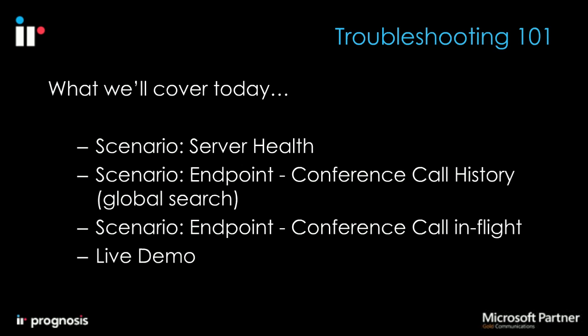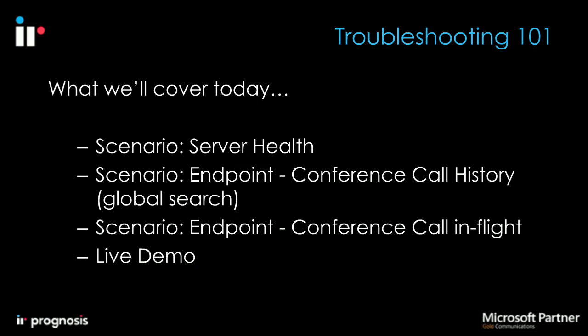As some of you have heard us speak about CQM in the past, in the way that we at IR call quality management, it's in terms of server, endpoint, and also what Microsoft calls last mile, which in some instances can be equated to network.